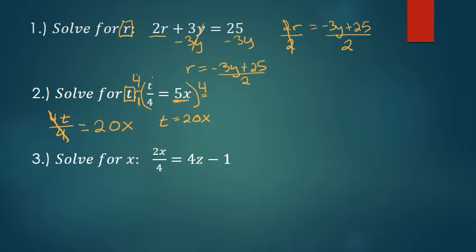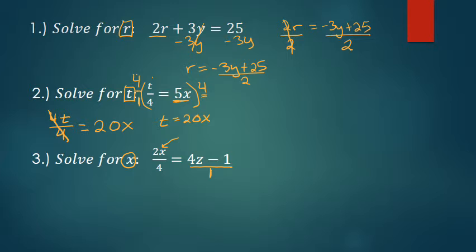Lastly, for number 3, again, I need to look for my x in this case because it says solve for x. So that's the variable I need to get by itself. The x in this case is in the numerator of a fraction. Now, because I have multiple terms here, I'm going to go ahead and put that over 1 so I can see it as 2 fractions.